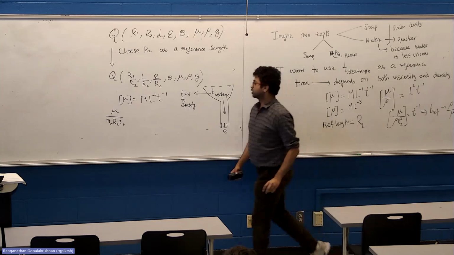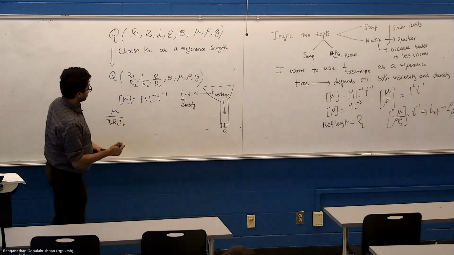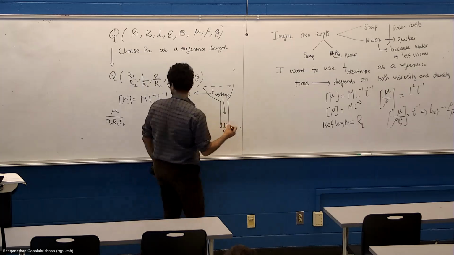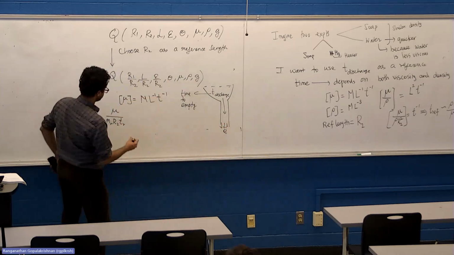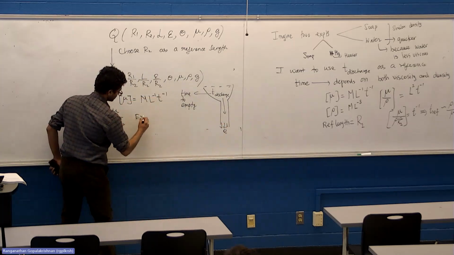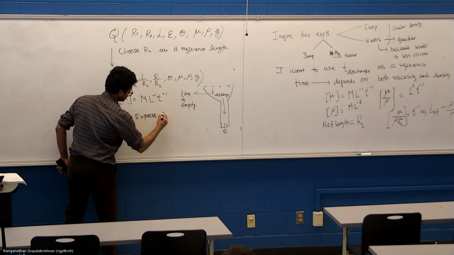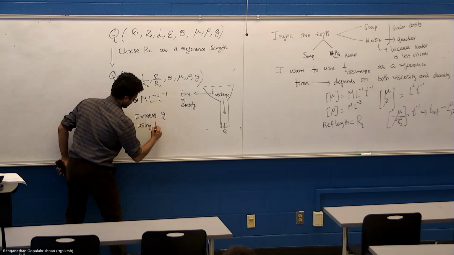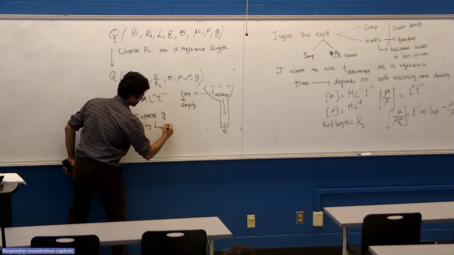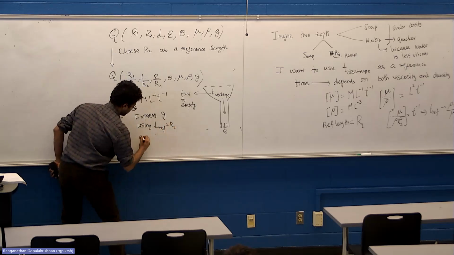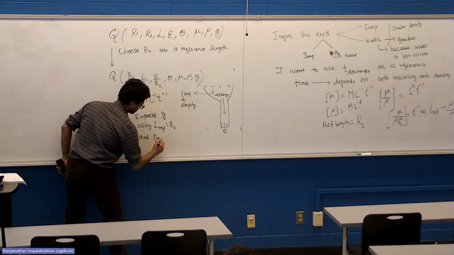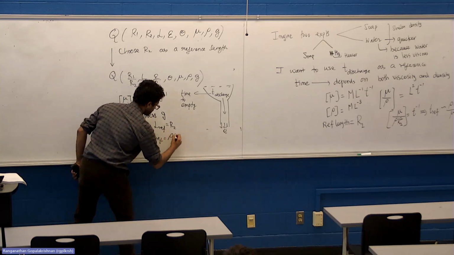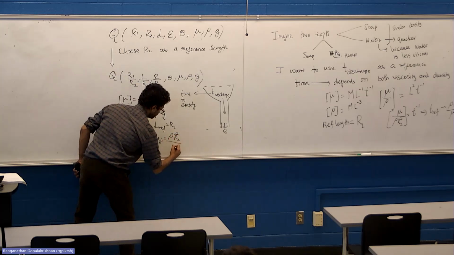Okay, so if I want to take this quantity G, express G using L reference, which is R2, and T reference, which is rho R2 squared over mu.